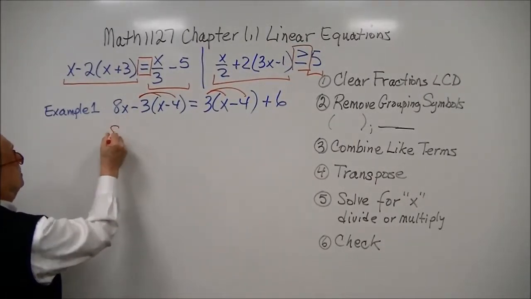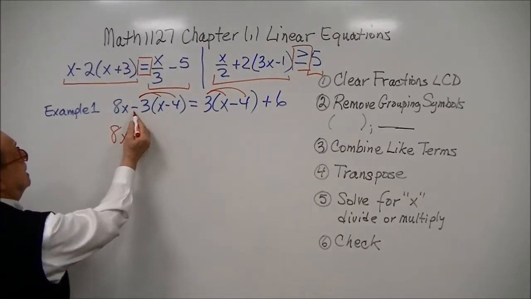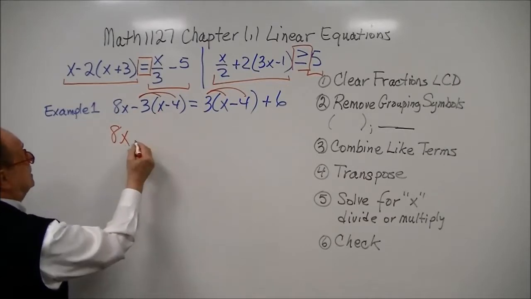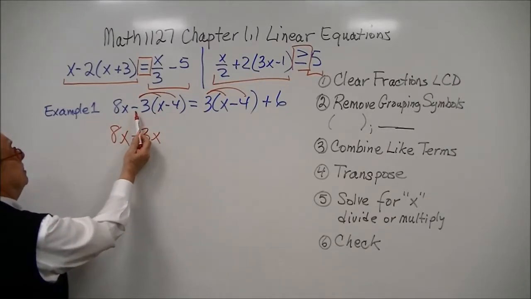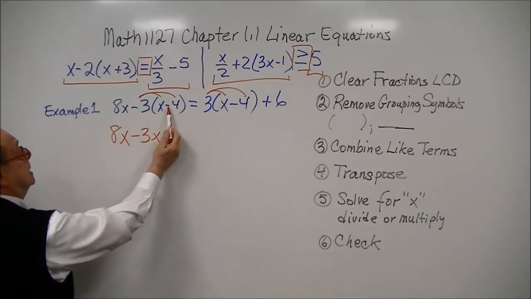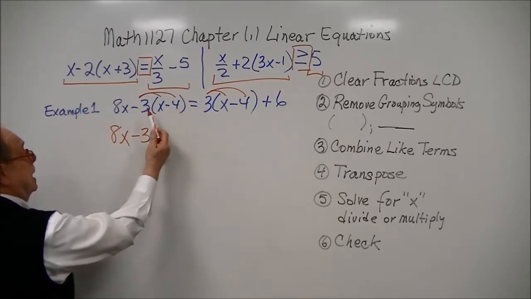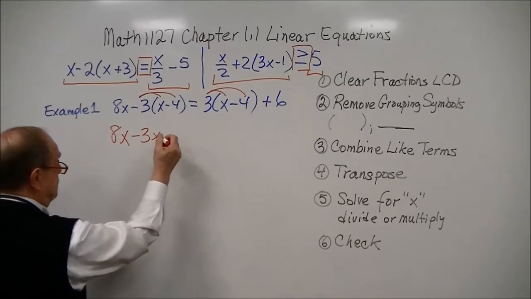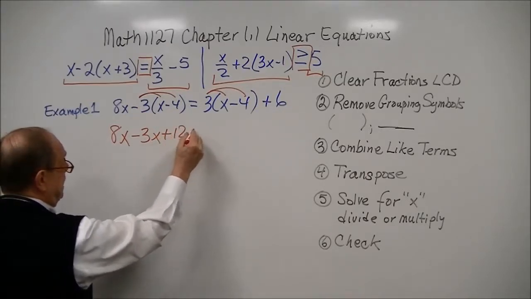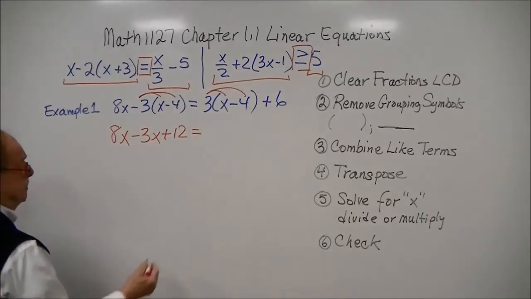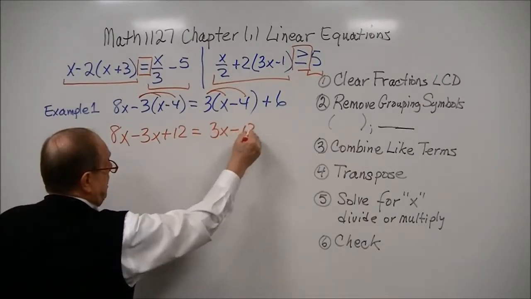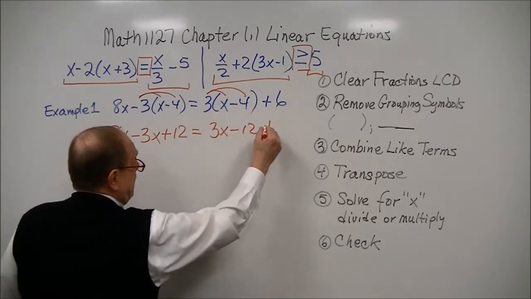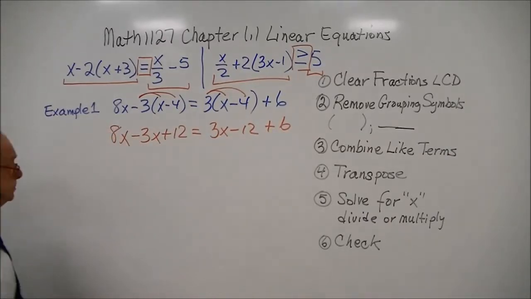So this just becomes 8x. A negative 3 times x is a negative 3x. And here's where you need to be careful. A negative 3 times a negative 4. A negative times a negative gives you a positive 12. Here this will be 3x minus 12 plus 6.